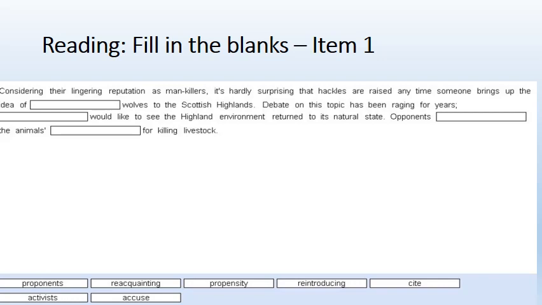Try to imagine the information they are talking about, and then you will be able to understand what is missing here, and then choose the answers from the bottom of the screen. Again, you need to spend only 1 or 2 minutes for this particular paragraph. Go ahead and choose the right answer.